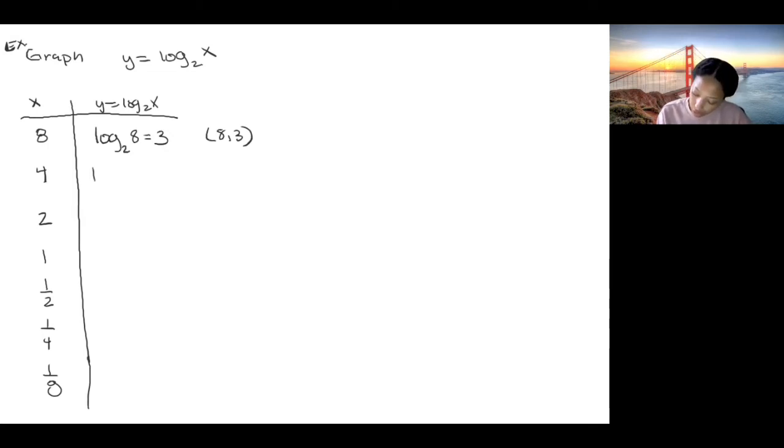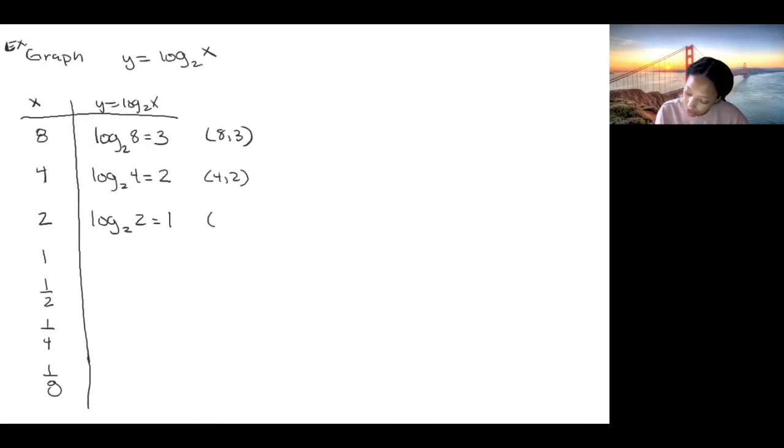Next one, log base 2 of 4. What power would I raise 2 to get 4? That would be the second power. Okay, so we would say (4, 2) is a point on the graph. Next one, log base 2 of 2. 2 to the first power is 2, so this should be equal to 1.